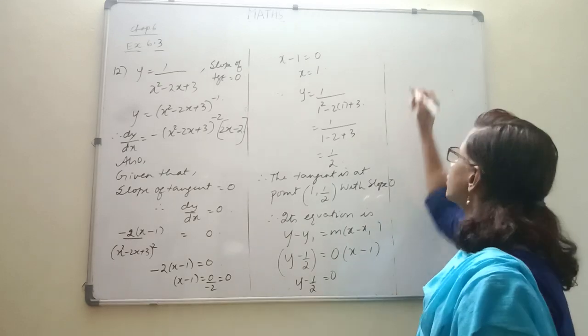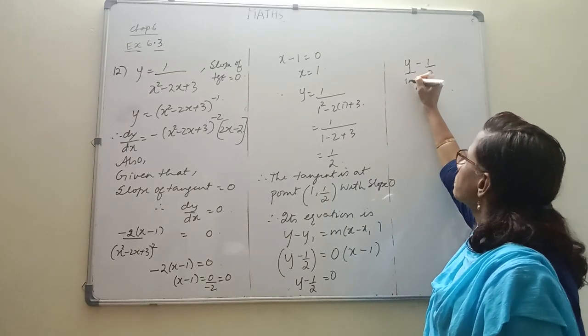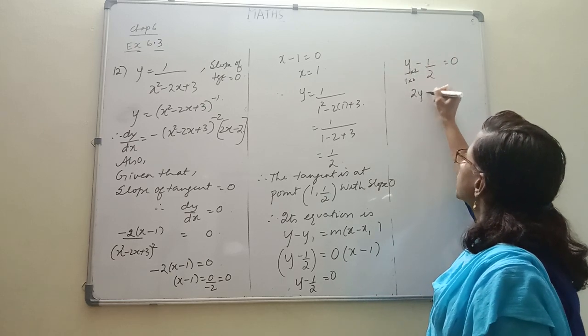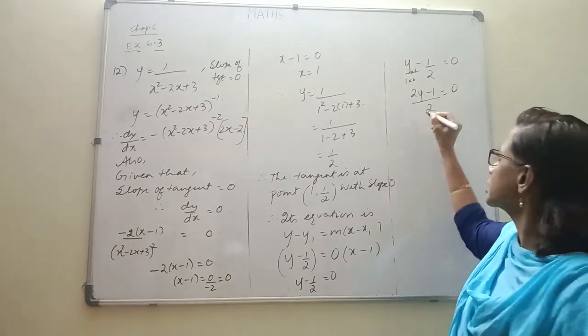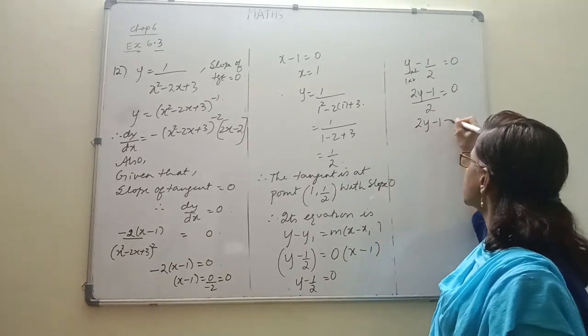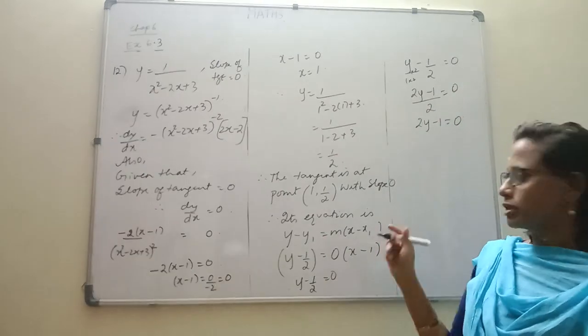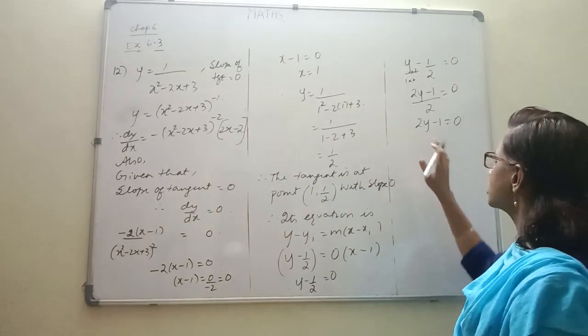If you want, you can do minor modifications there. You can multiply this by 2, so it will become 2y minus 1 whole by 2 equal to 0. Then the 2 can go to the other side, so 2y minus 1 equal to 0, since 0 into 2 is 0. That's all. This is also correct, but maybe you can make it more simplified.